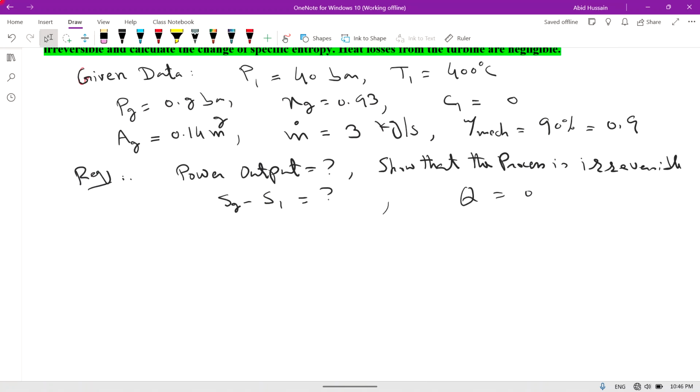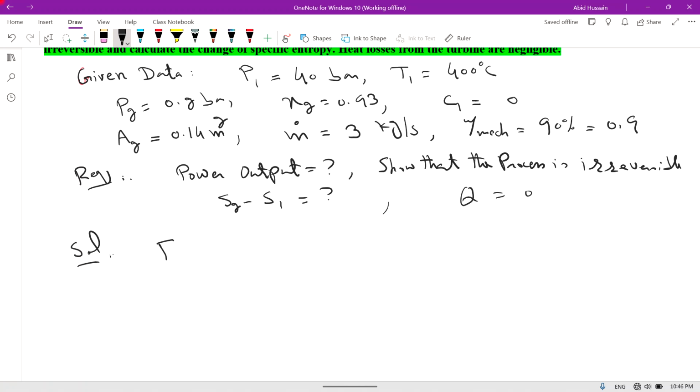So we start the solution. Initially pressure is 40 bar and T1 is 400 degrees centigrade, and even after expansion in the turbine, dryness fraction is 0.93. It means that after expansion the steam is in the wet region, but we don't know about the initial condition. So first we check whether the initial state is in the wet region or the superheated region.